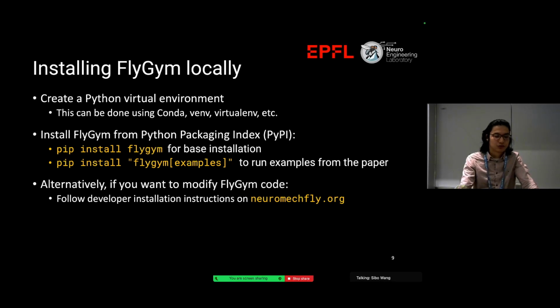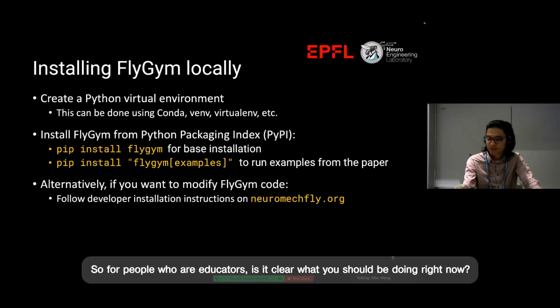If you want to install it in the developer mode, so to say, if you want to actually change the code that we have written or improve upon it, then there's a more complex developer installation set of instructions that basically you just have to clone our GitHub repository, and you can find that online at neuromechfly.org.